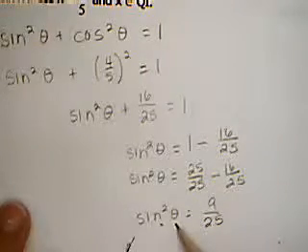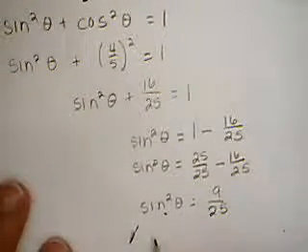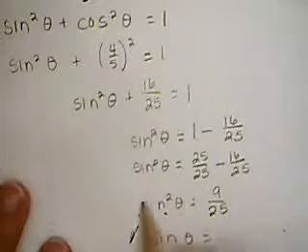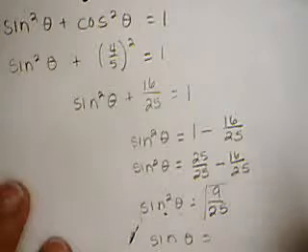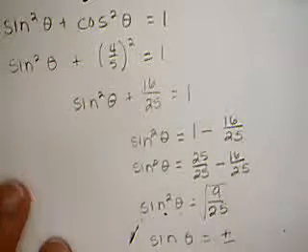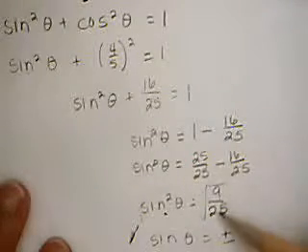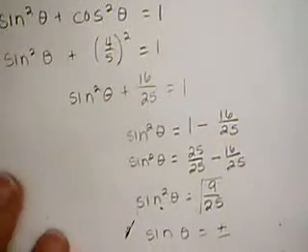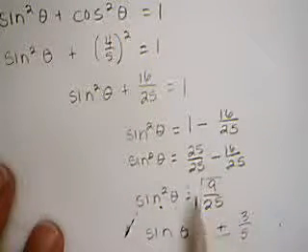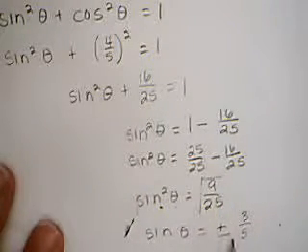To solve for the sine of theta, as was asked for in the problem, we would take the square root of both sides at this point. So the sine of theta is equal to plus or minus the square root of 9/25, which would be 3/5.